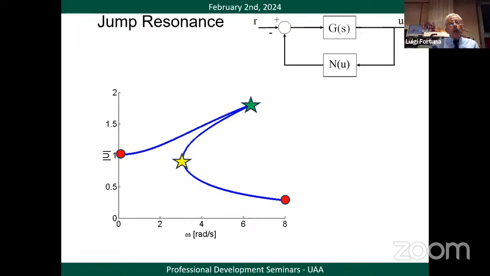Inside the range of the resonance, we could have two behaviors, one that is up, another that is down. This is what's happening in nonlinear jumping resonance.